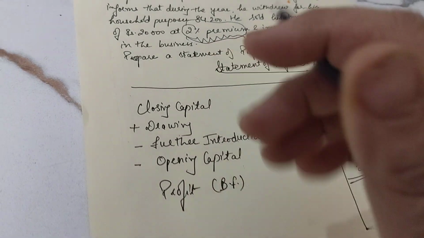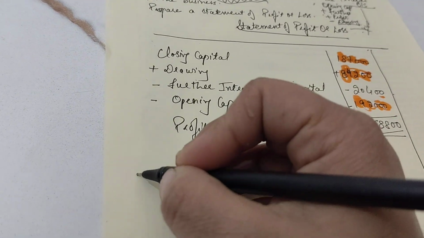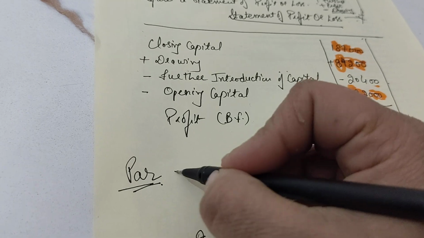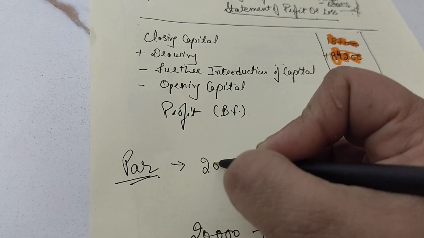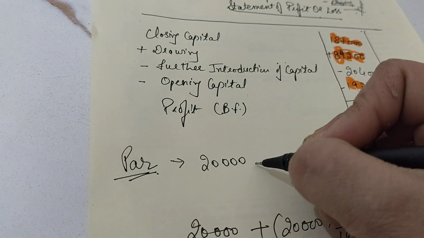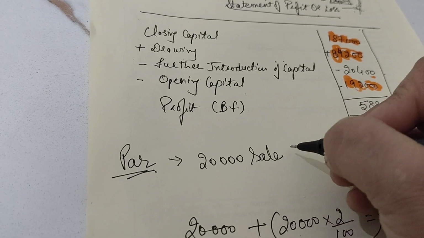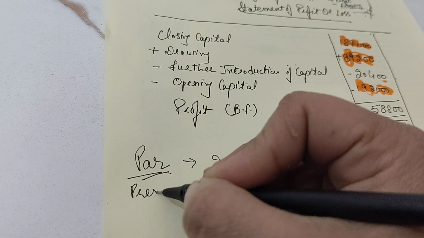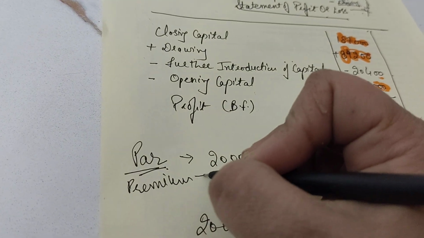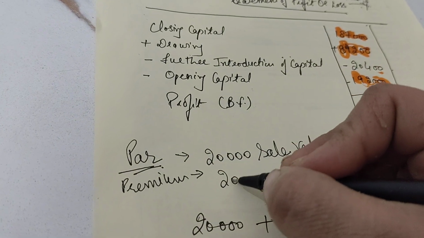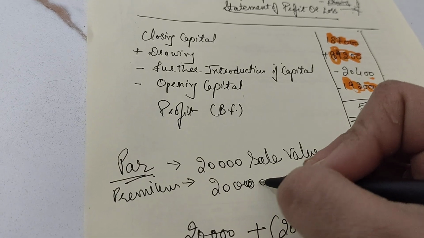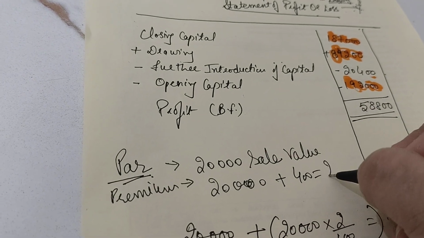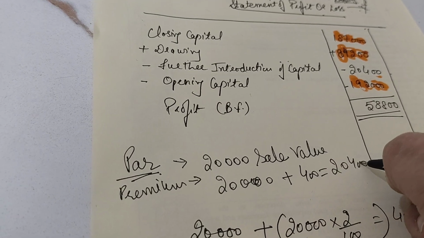When we say that these investments were sold, there can be three cases. One is at par. If it is sold at par, its sale value would be rupees 20,000 as it is, it won't change, right? If it is sold at a premium, as given in the question, then we take 20,000 plus 2% premium of 20,000, that is 400, so it becomes 20,400.